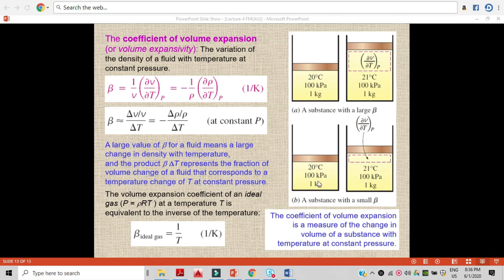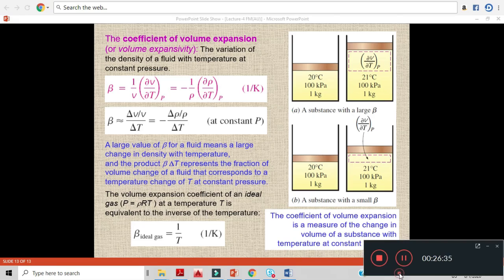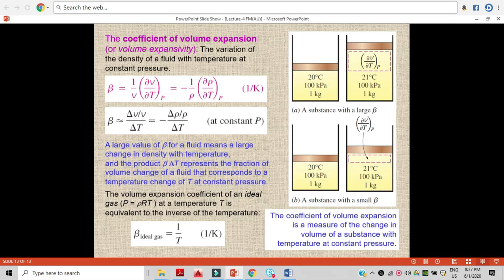Here is the same case, but the small value of beta indicates less change. The coefficient of volume expansion is a measure of the change in volume of a substance with temperature at constant pressure. So K and beta are basically the two terms which indicate the change in volume.